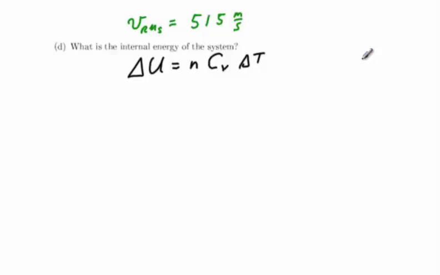The problem at hand, however, does not ask us for the change in internal energy. It asks us for the internal energy. Many textbooks would never ask this question, and others would. Why is that? When we defined an ideal gas, we said that there are no potential energies involved, i.e. no interactions among the gas molecules.